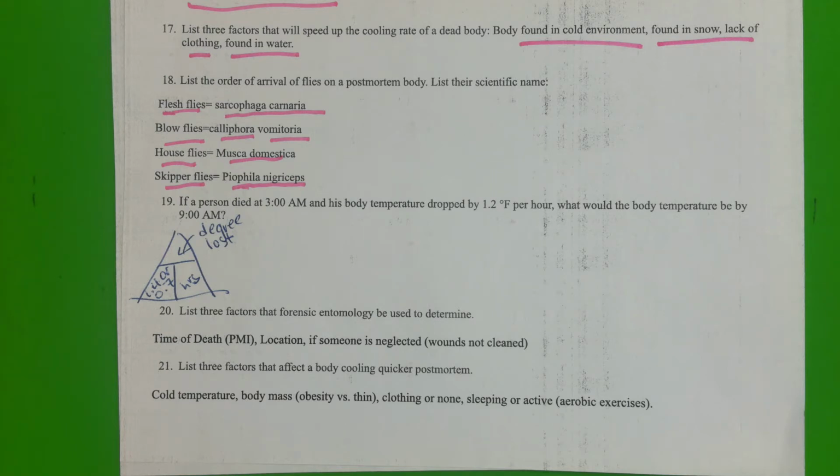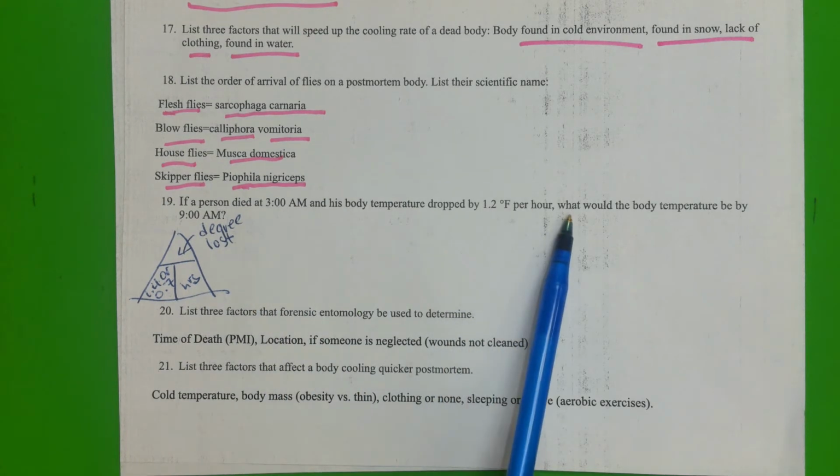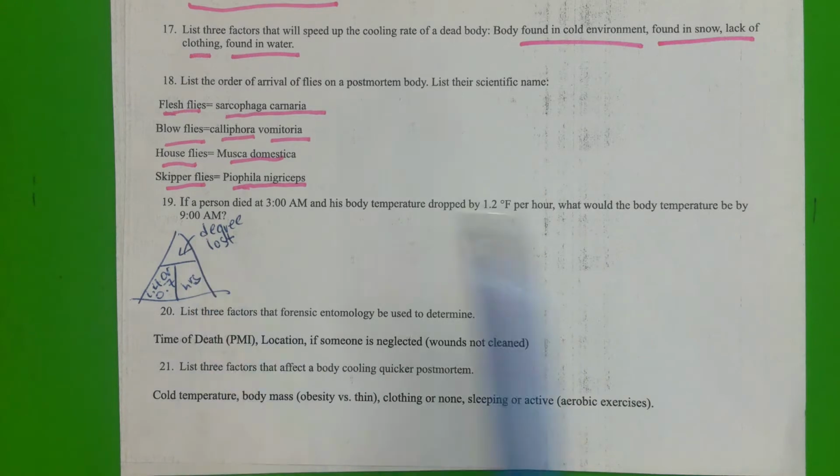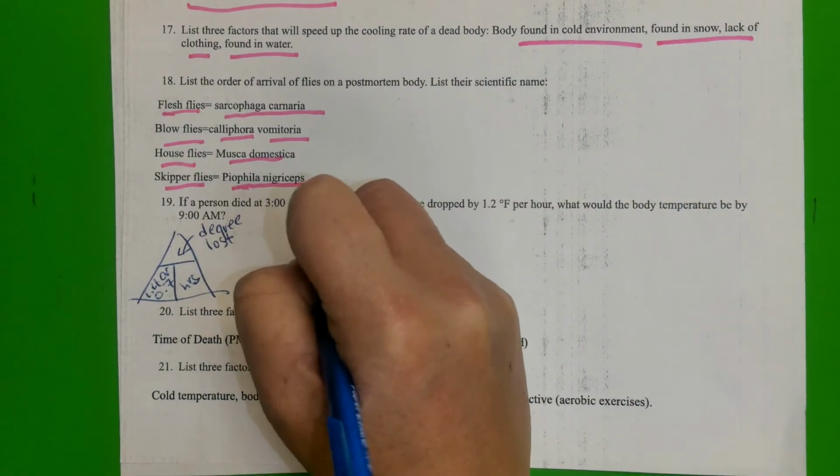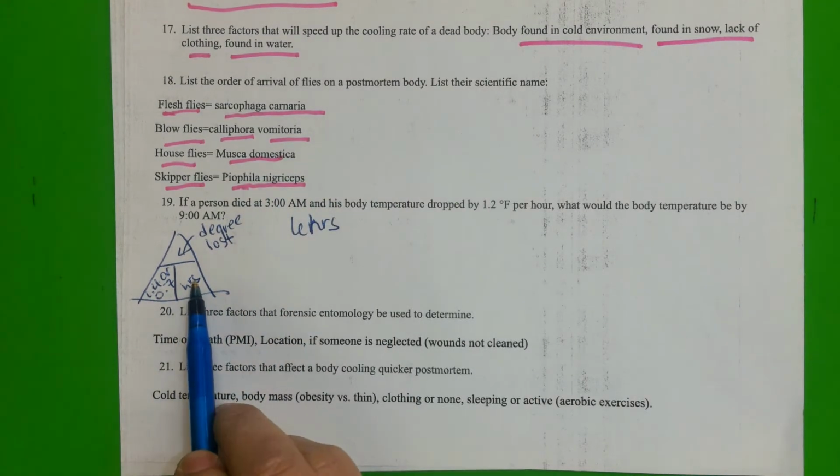Okay, so if a person died at 3 a.m., and his body temperature dropped by 1.2 degrees Fahrenheit per hour, you have to find what the body temp would be by 9 a.m. So 3 a.m. to 9 a.m. is 6 hours. So you already know your hours.